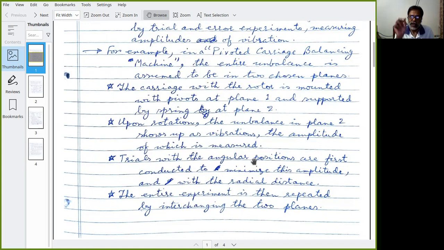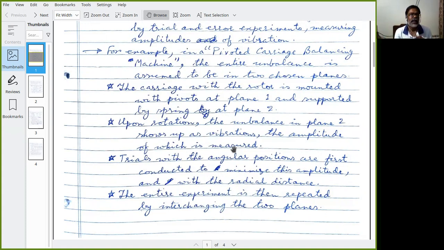So you adjust that a little bit so as to reduce the amplitude to almost 0. Once you have done that, then out of the original unbalance in plane 1 and plane 2, the unbalance in plane 2 will be corrected.